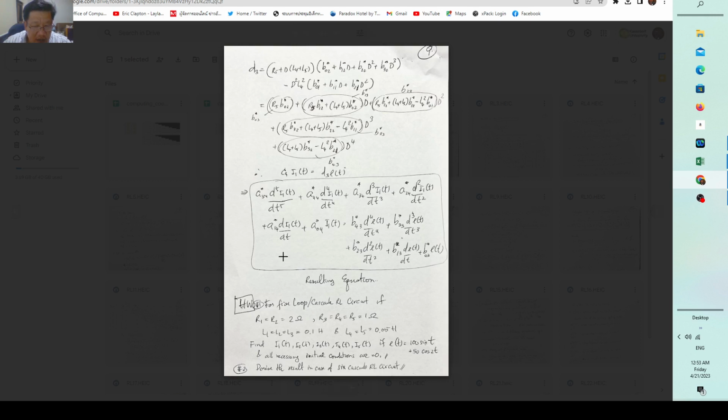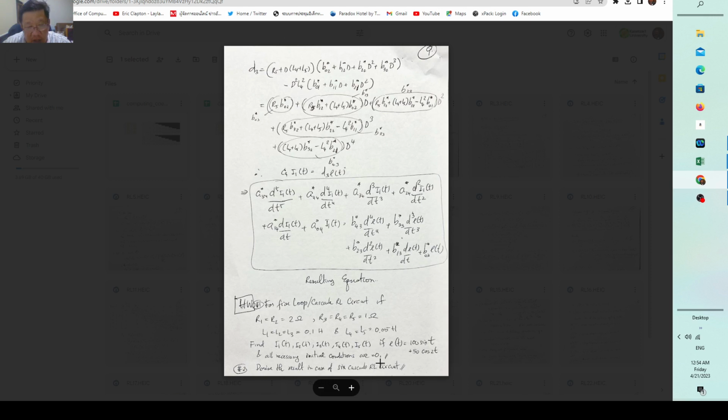I did give a homework on page 9. So far we've been trying to formulate the equation based on the system parameters. But in this one, we left you with a homework: suppose R sub 1, R sub 2, up to R sub 5, L sub 1, L sub 2, up to L sub 5, and we are given E(t) equal to 100 sine t plus 50 cos t, with all necessary initial conditions at 0.